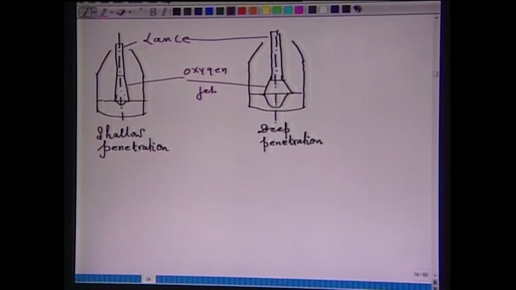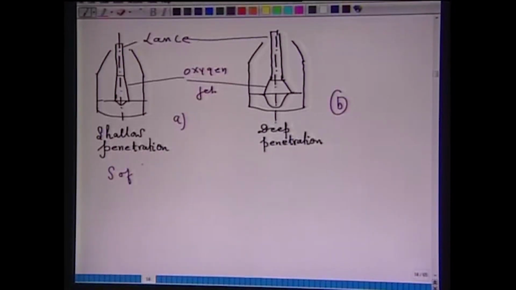In one case the distance between the bath and the lance is greater, in A, and in B the distance between the bath and the lance is lower. So, if I increase the distance, then the penetration of the jet into the bath is shallow, whereas if I decrease the distance, the penetration of the jet in the bath is deep.